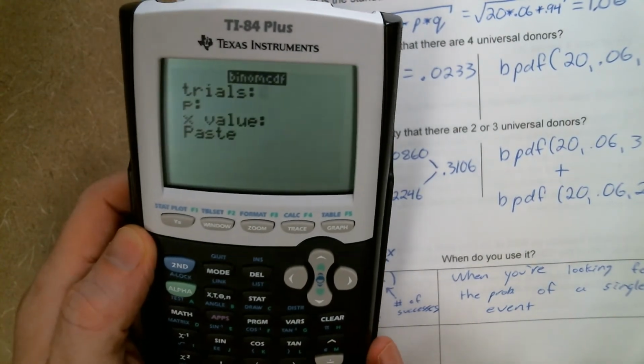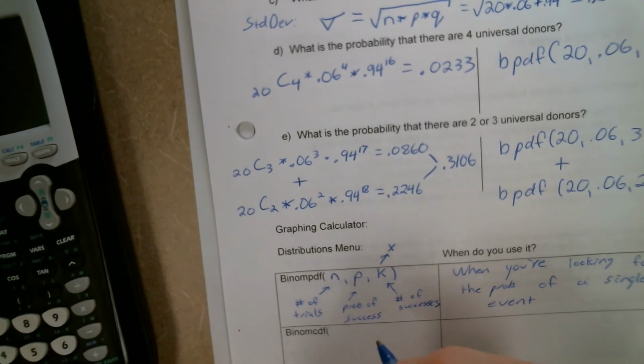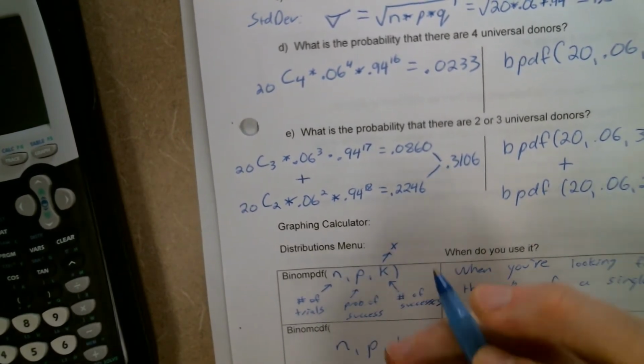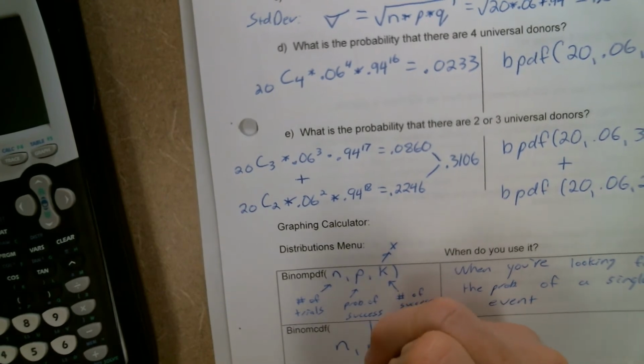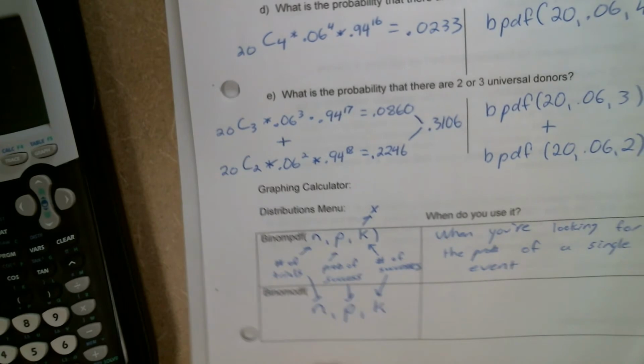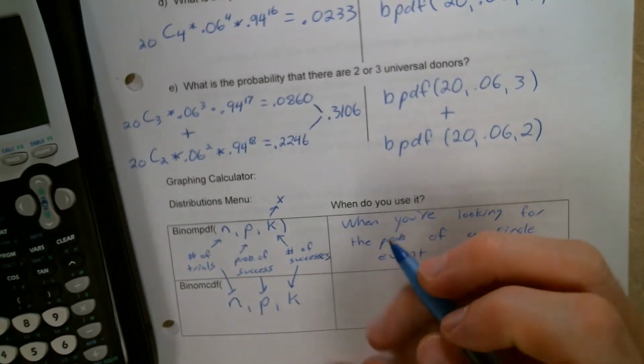And the first thing you'll notice is it asks for the same exact information. It needs the same exact NPK as up above, and they all mean the same exact information. The only difference is this is looking for the probability of a single event.